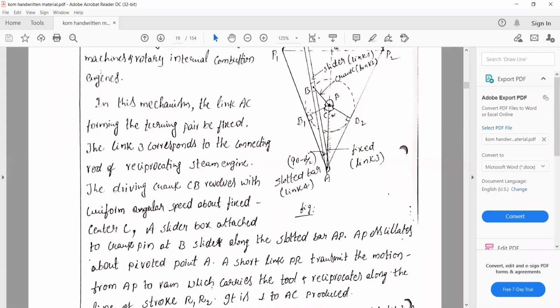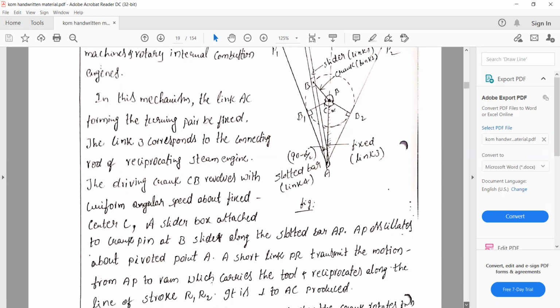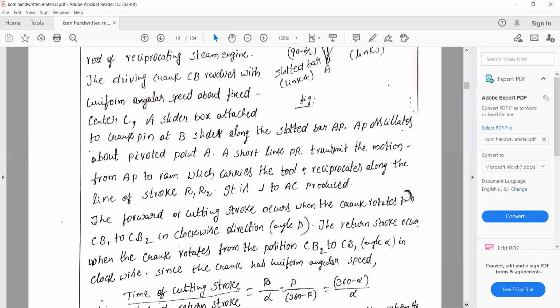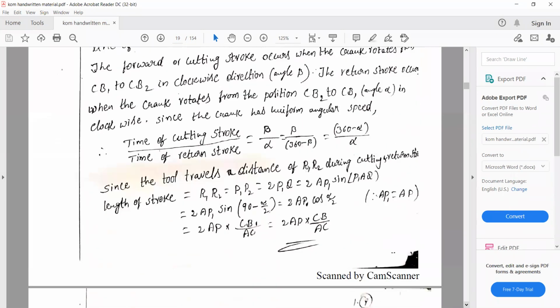In triangle CAB1, sine of 90 minus alpha by 2 equals BC by AC, opposite side by hypotenuse. The hypotenuse is AC and the opposite side is B1C.